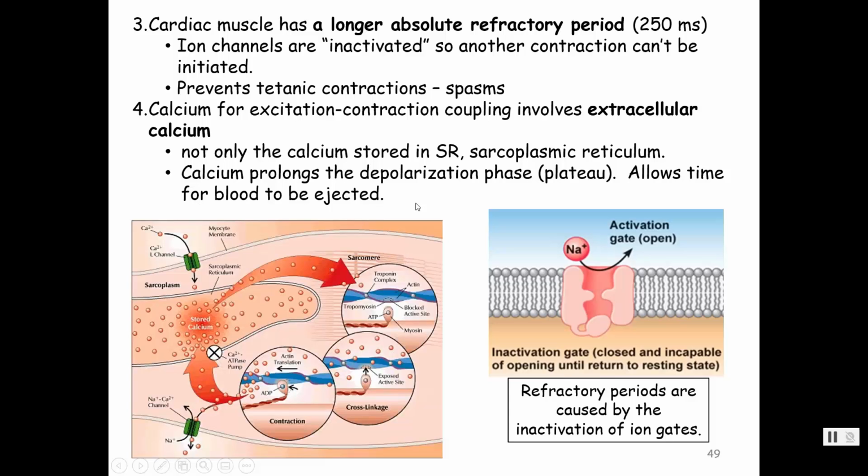That's a little bit different, and so we're going to get a different action potential, which I'm going to show you. About 20% of the calcium is going to come extracellularly. The rest of it's going to come from that sarcoplasmic reticulum. We're going to get a plateau phase, which you won't see in skeletal muscle because we have this external calcium. The point is we want to allow time for blood to be ejected.